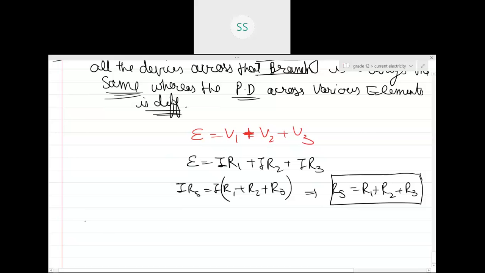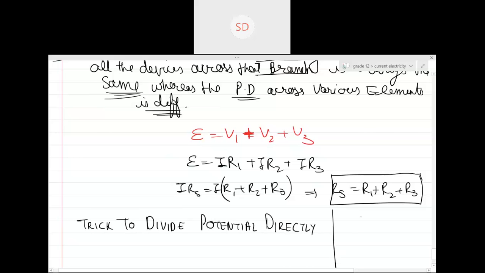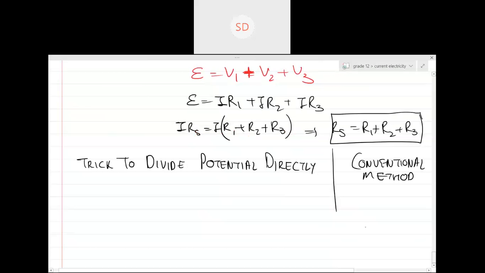Now the trick to divide potential. There is one conventional method which you can follow. What is the conventional method to find out anything? The conventional method is to first find out what is R net.